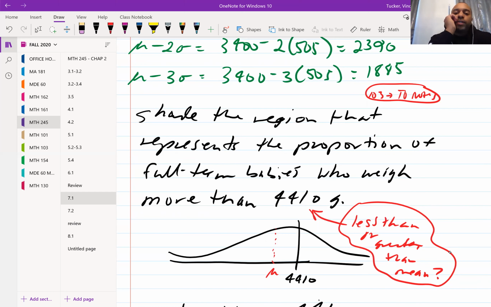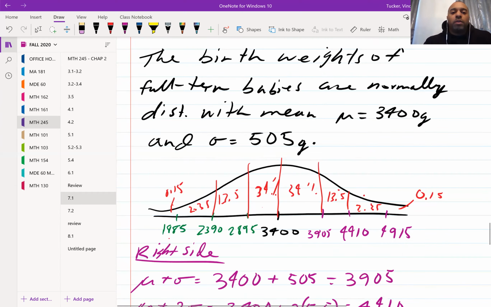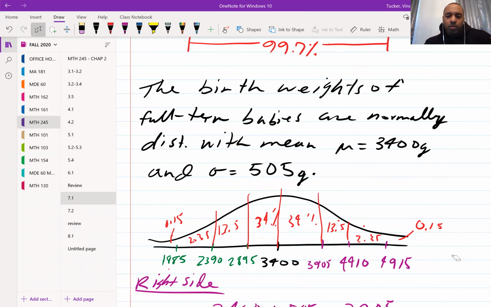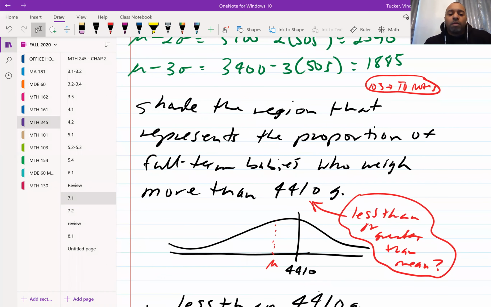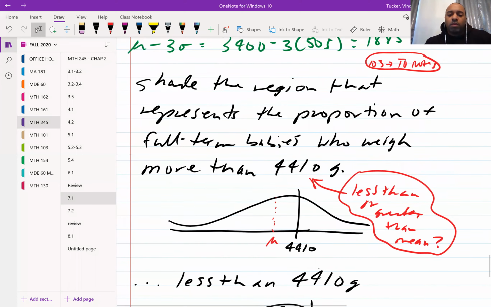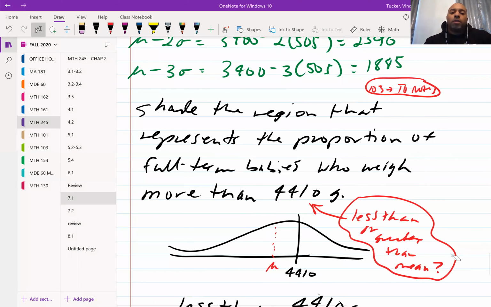Shade the region that represents the proportion of full-term babies who weigh more than 4,410 grams. All right. So if we lean on the problem we had before, going back, notice it says that our mean is 3,400.